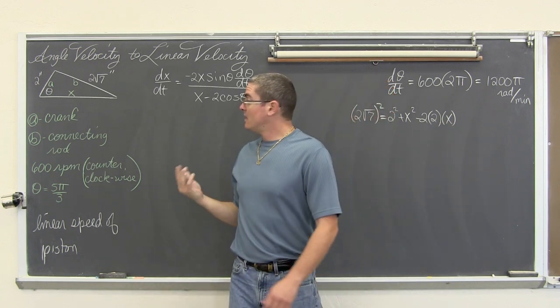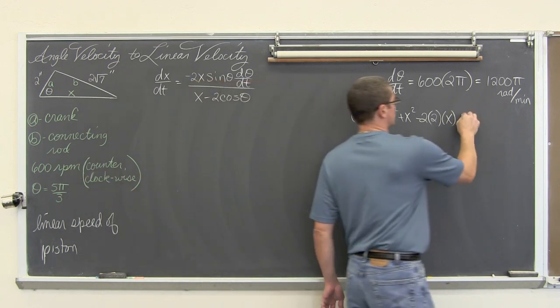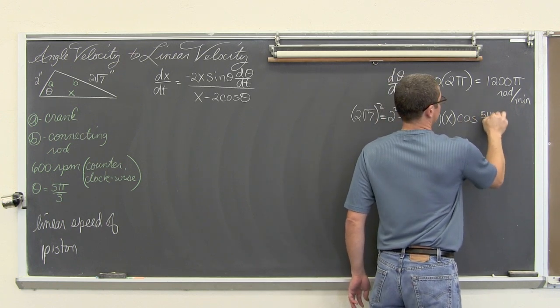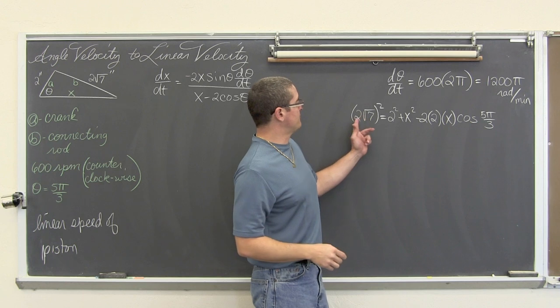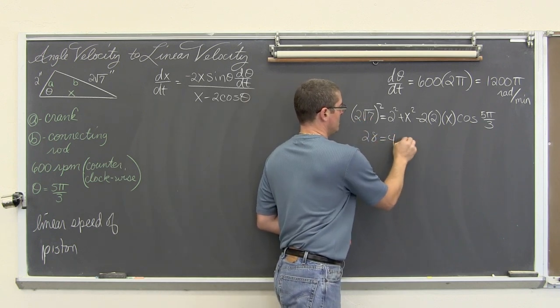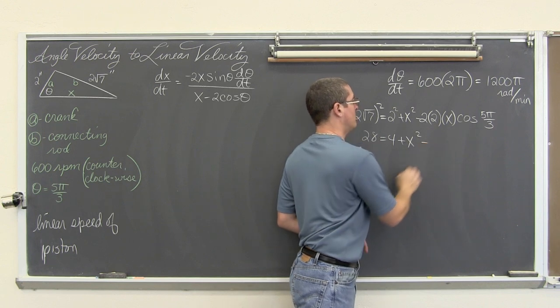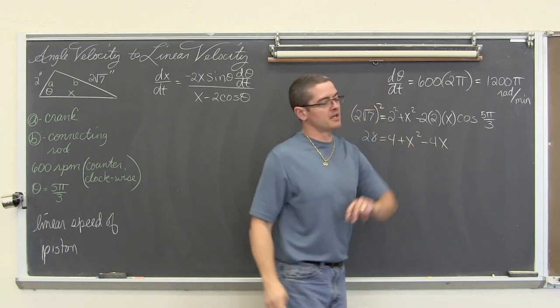Only this time, we're going to put in the actual angle measure of 5 pi over 3, so times the cosine of 5 pi over 3. This is going to be 4 times 7 is 28, equals 4x squared minus 4x, and the cosine of 5 pi over 3.